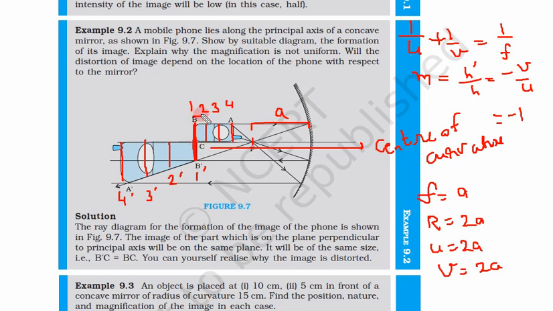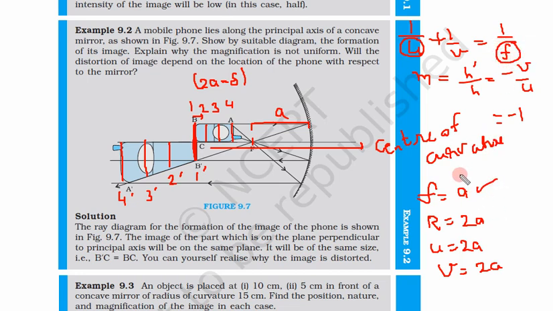Now as soon as we go this side, this will be definitely 2a minus something, let me write this delta. So our object distance u has decreased, but we cannot change the focal length of the mirror because that is already a.